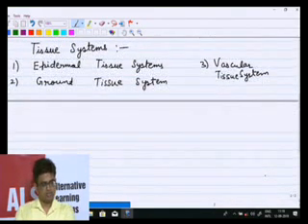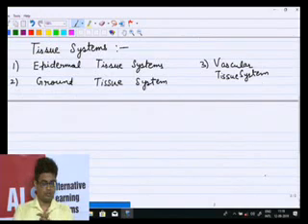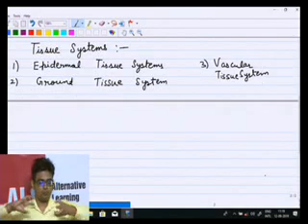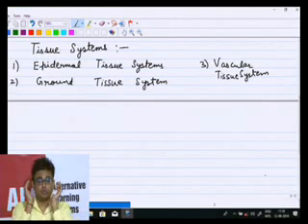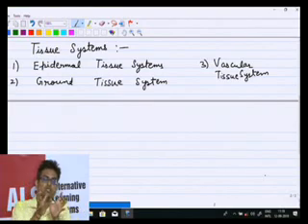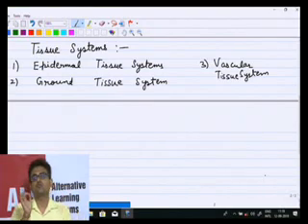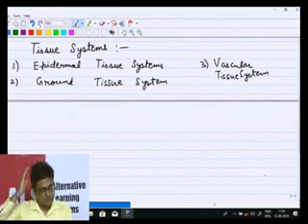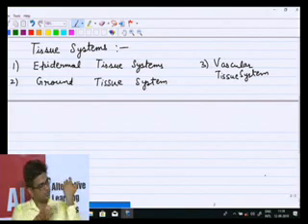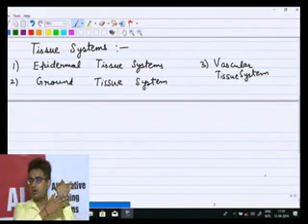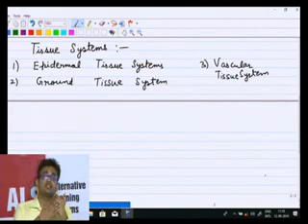Alright. So, tissue systems, when we talk about tissue systems, it is the grouping of cells into specific kinds of tissues which form a part of their structure. Suppose I consider my skin. What is present on my skin on the outermost side? It is epithelium.